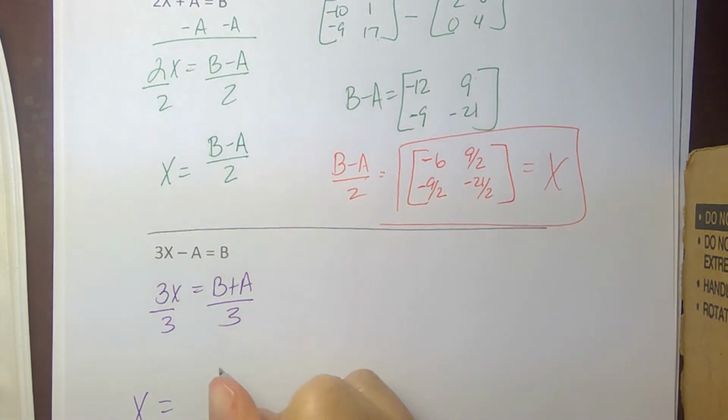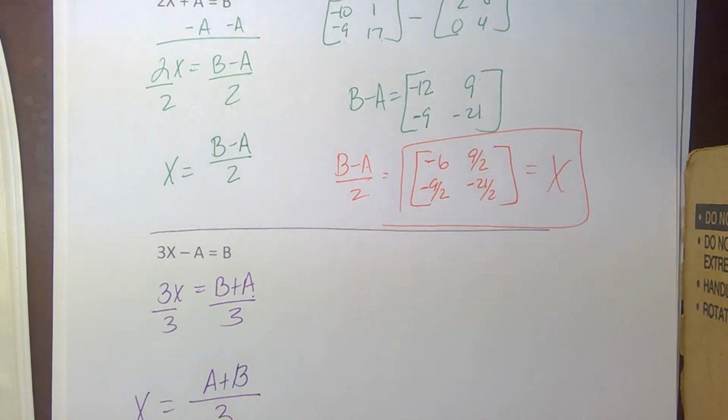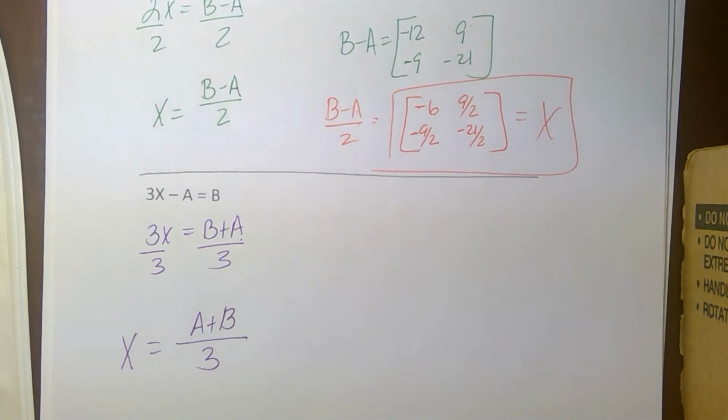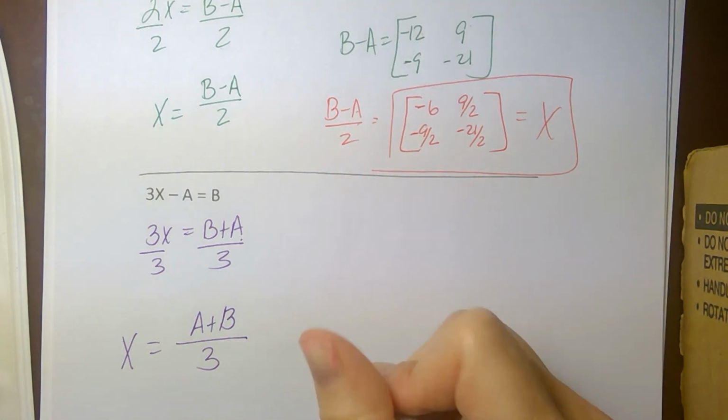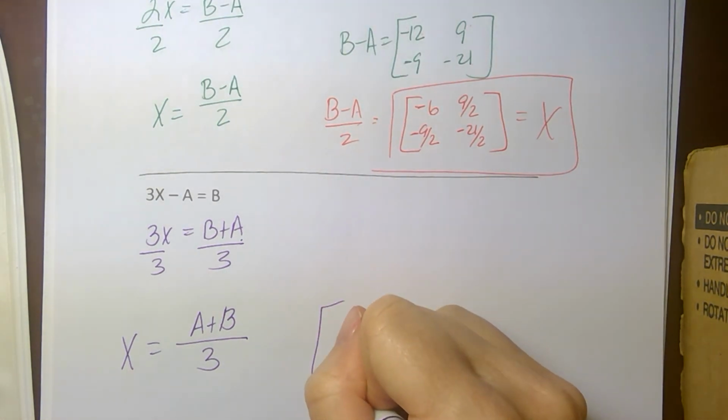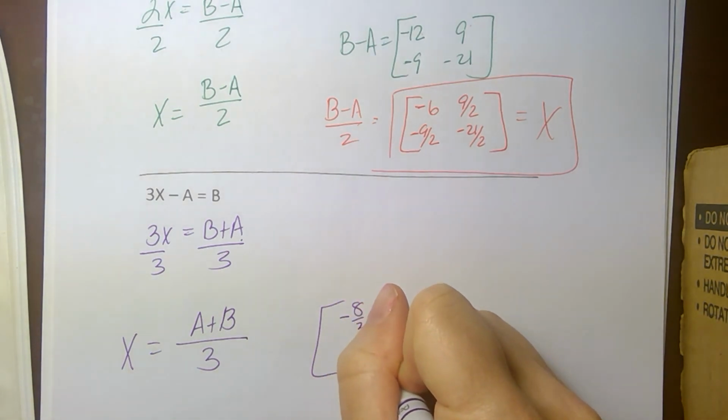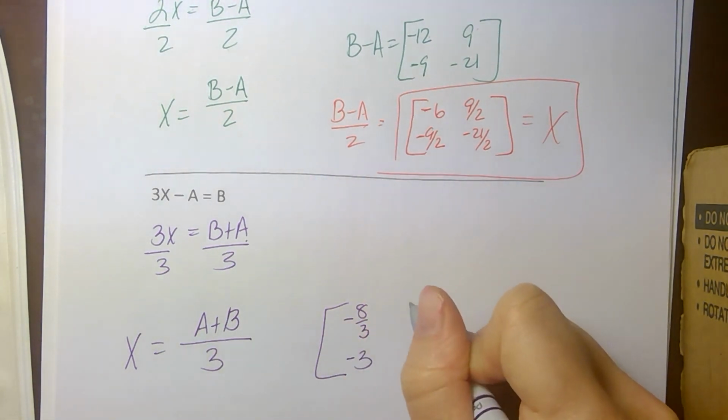So matrix X is B plus A, or A plus B, because remember, matrix addition is commutative, divided by 3. When you work that out, adding from the matrices above, A to B, and dividing each value of each element by 3, you should get the following result.